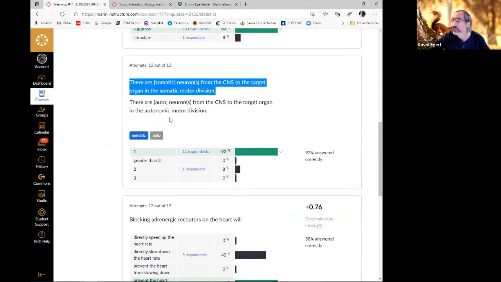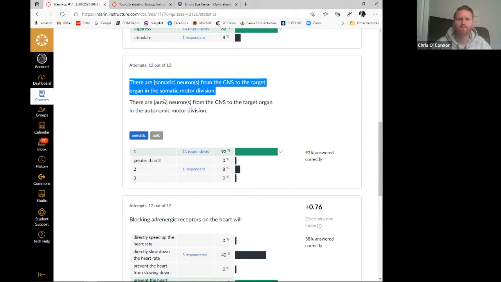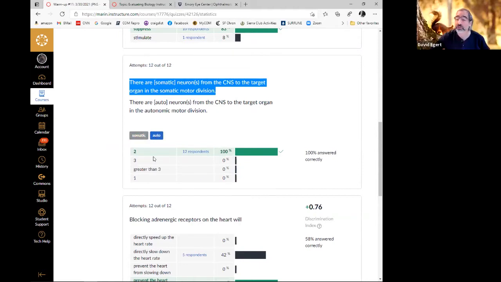Somatic neurons, these are the ones that have one neuron all the way to their target organ. And at the target organ, what are they going to release? The target muscle, I should say. Acetylcholine. Acetylcholine, absolutely. Whereas autonomic, there's going to be two. You go first to the ganglion and then to the target muscle or organ.